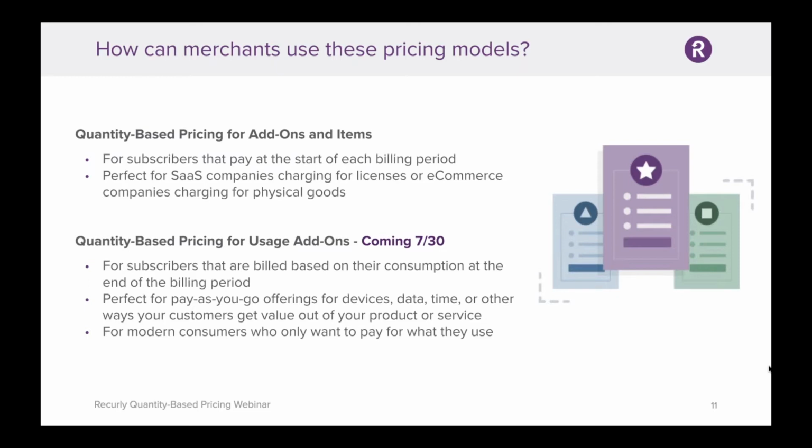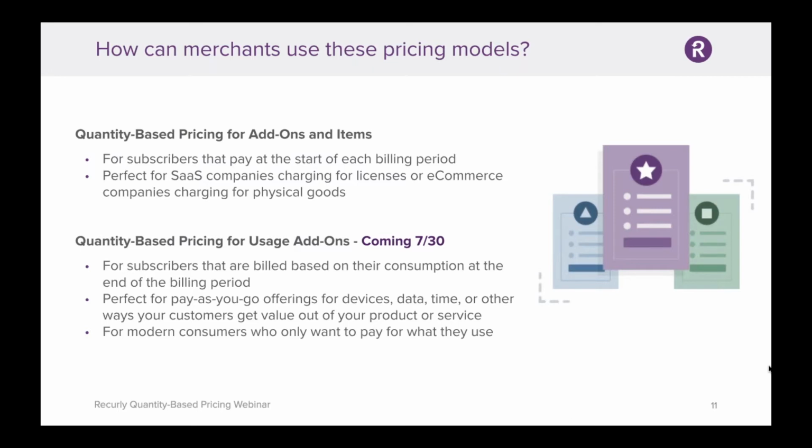And we're seeing our merchants start to combine the upfront, I'm paying for this service, with a usage-based component. So Recurly has had usage-based billing. The new piece here is having access to the quantity-based pricing models for the usage-based billing service.